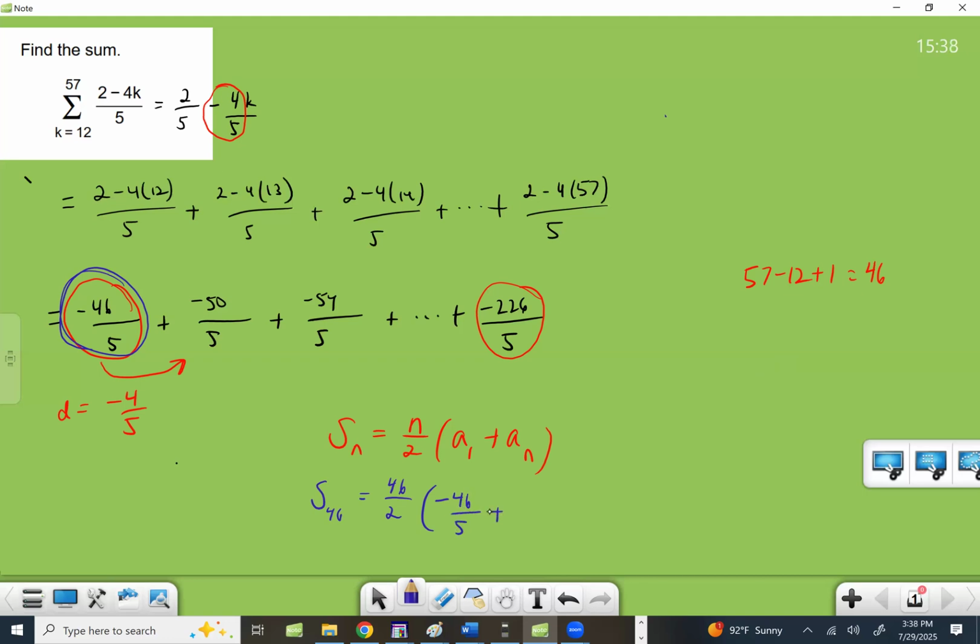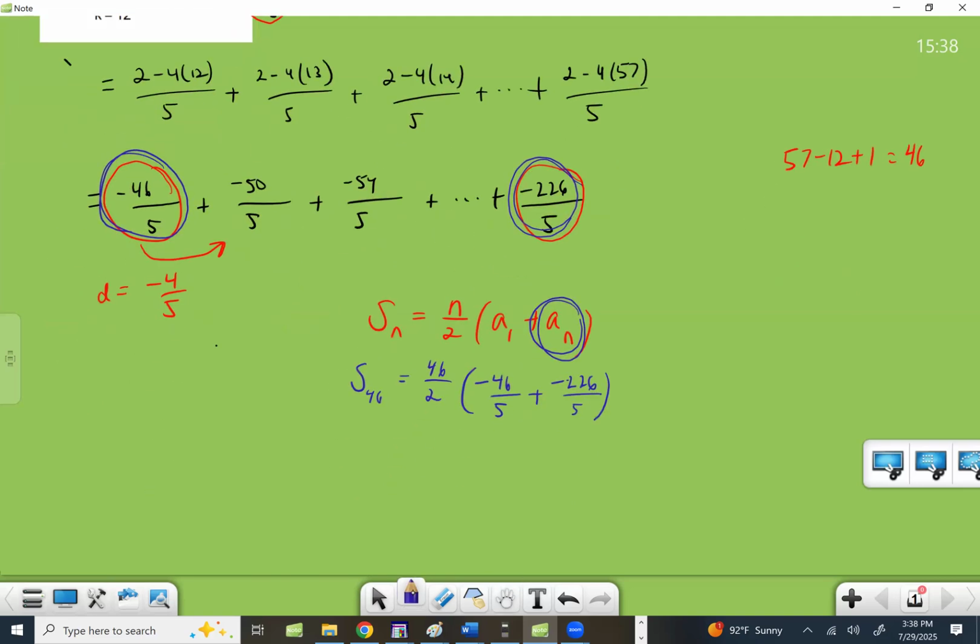And this one is the last term. The notation's kind of poor for this. 46 divided by 2 is 23.